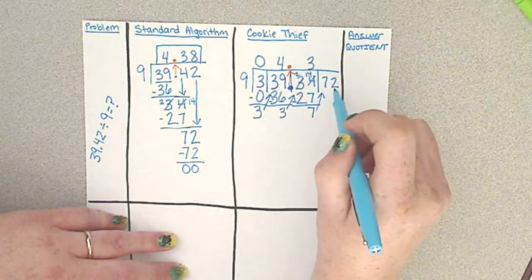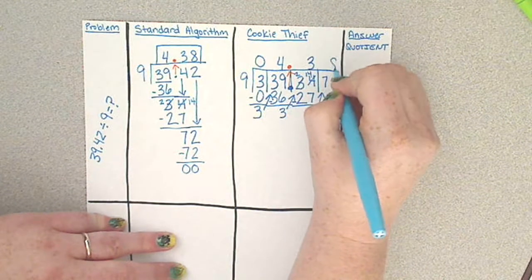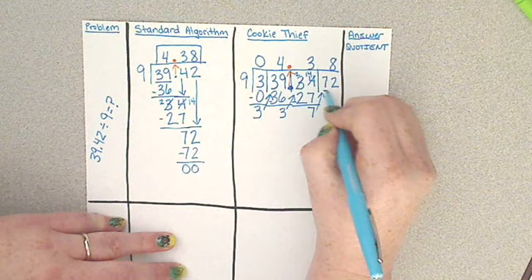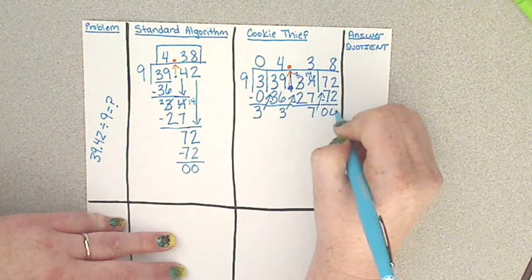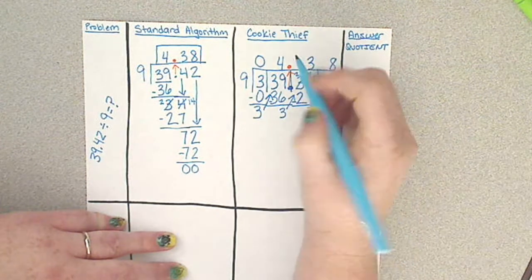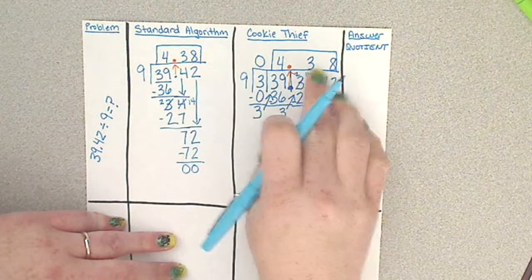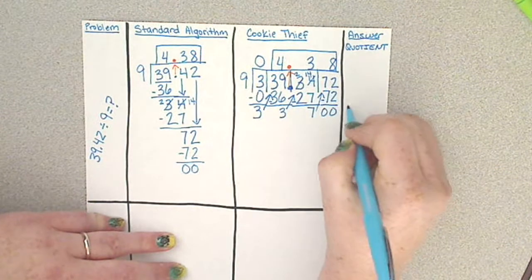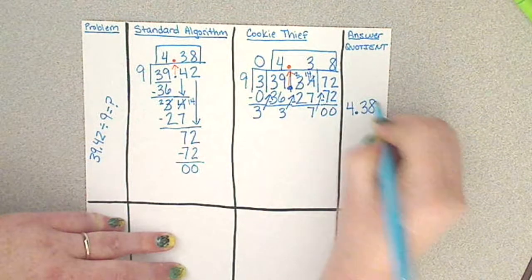He comes to the final window of the apartment building and he gets really excited because he can steal 8 sets of cookies, which means he gets to steal all 72 cookies and no cookies get away. We're left with the exact same quotient of 4 and 38/100ths.